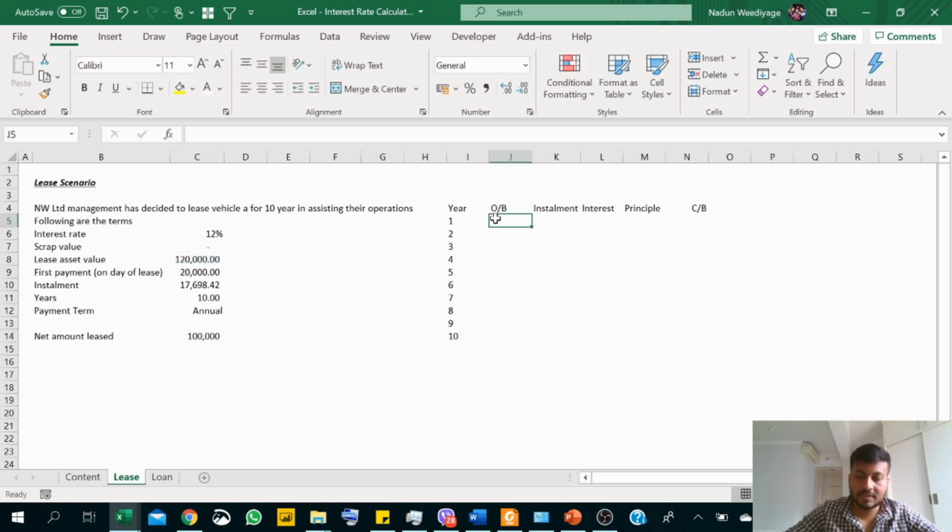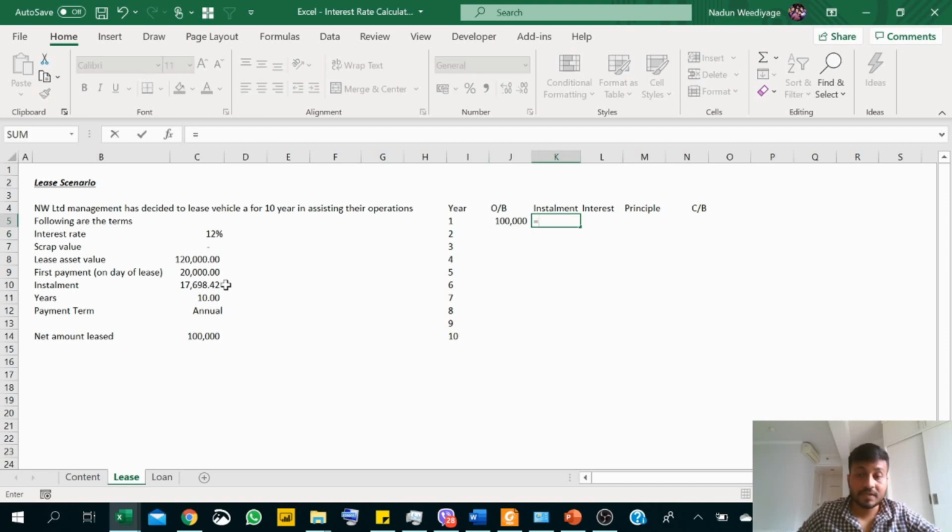So your opening balance is 100,000, and the installment you pay every year is equal, 17,698. Let's lock this formula by pressing F4.